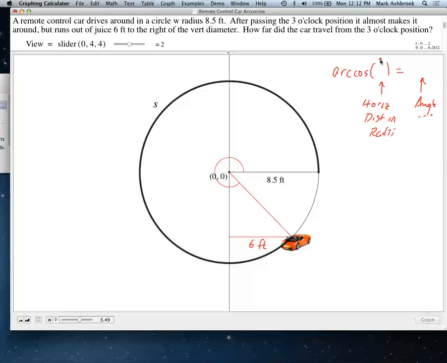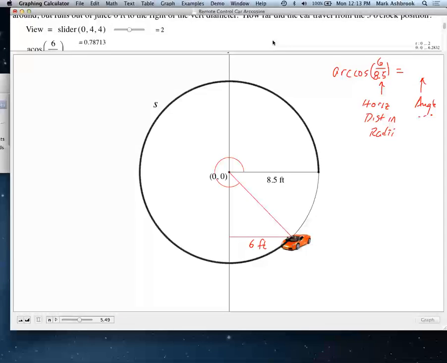You would take 6 over 8.5, which gives us the number of radius lengths that we are to the right. Everyone do that in your calculator, so we make sure you know how to do this. So it's arc cosine, and then parentheses 6 over 8.5. And you should get 0.787.